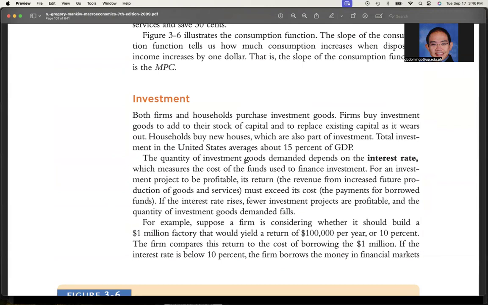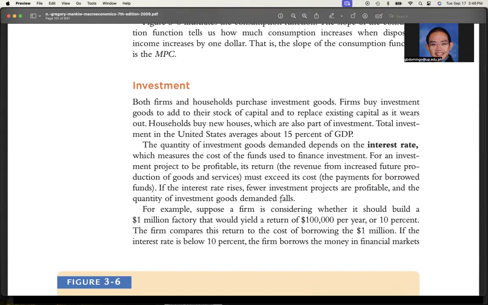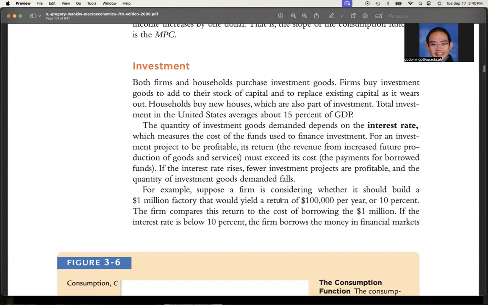So the quantity of the investment goods demanded depends on the interest rate, which measures the cost of funds used to finance investment. For an investment project to be profitable, its return must exceed its cost. If the interest rate rises, fewer investment projects are profitable, and the quantity of investment goods demanded falls. So you can consider the interest rate as the price or the cost of investing.